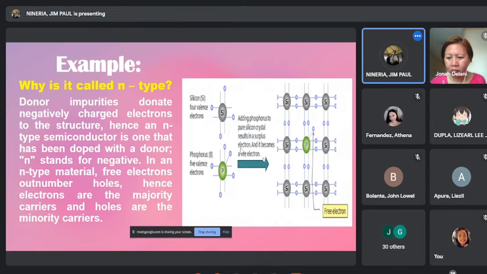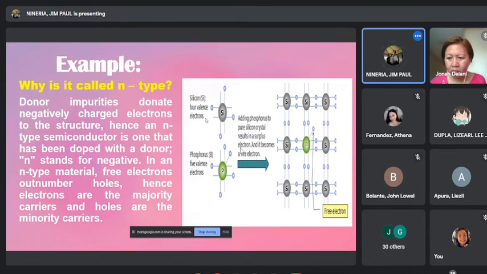Okay. So before we proceed, why is it called an N-type? Because it is a donor: the impurities donate negatively charged electrons to the structure. So this intrinsic silicon is pure, and it has 4 valence electrons.